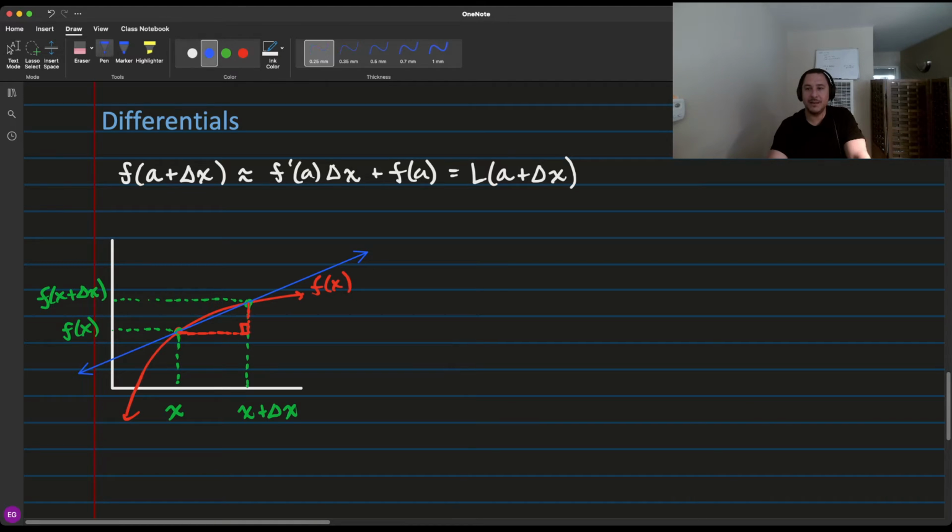The distance from x to x plus delta x is delta x. So that one side has length delta x. What do we want to call that vertical length?